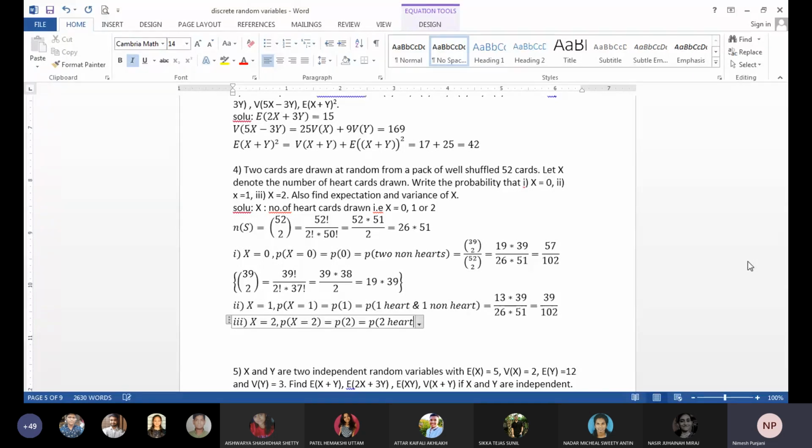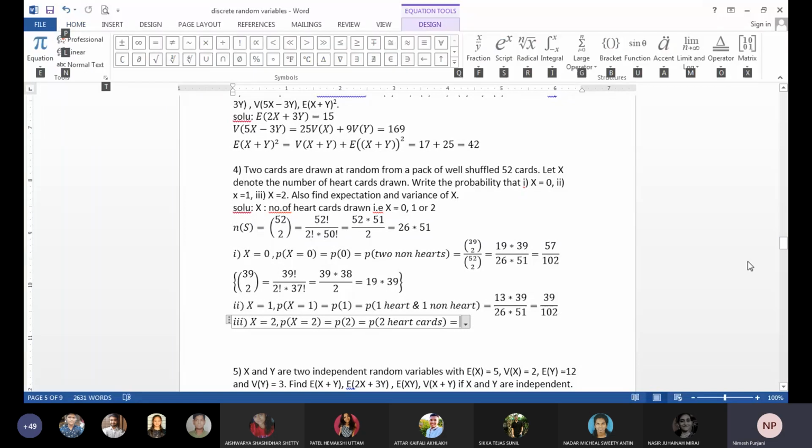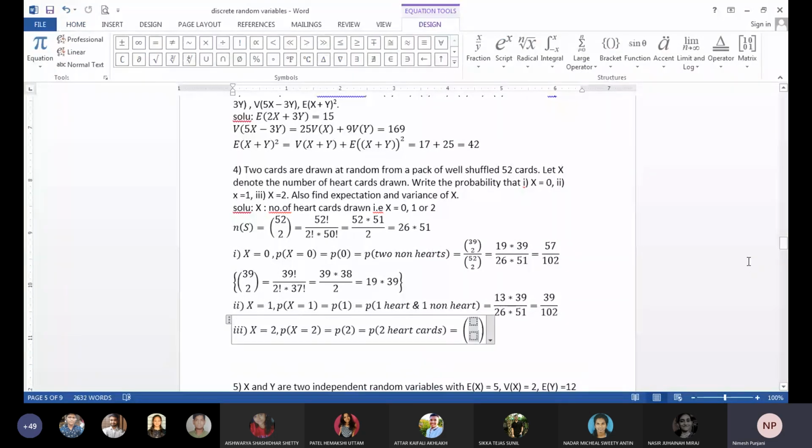Probability of 2 hearts. तो कितना हार्ट है अपने पास? हार्ट कार्ड्स कितना है? 13. उसमें से 2 तुम लोग सिलेक्ट कर रहे हैं. So what would be the number of possibilities of selecting 2 hearts from 13 hearts? 13C2.